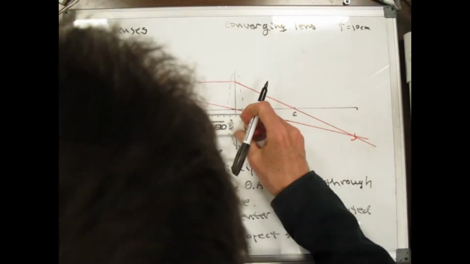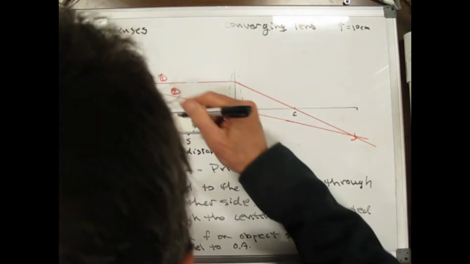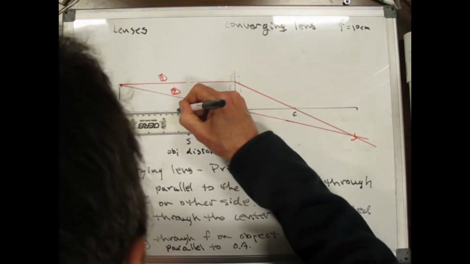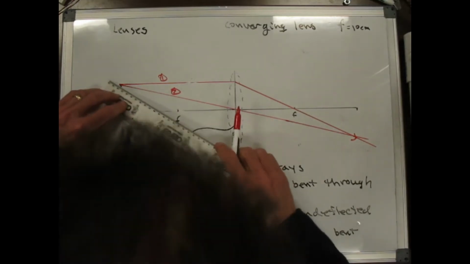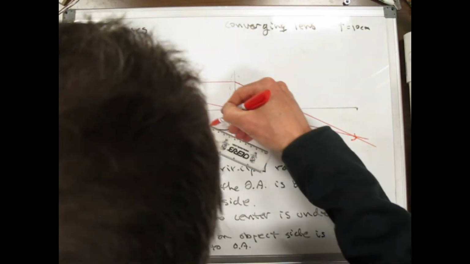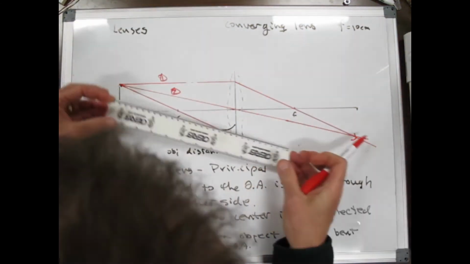It's 10 centimeters. It's going to be right about there. Now I draw this ray, and it has to come out parallel to the optic axis, so it's going to be something like that.